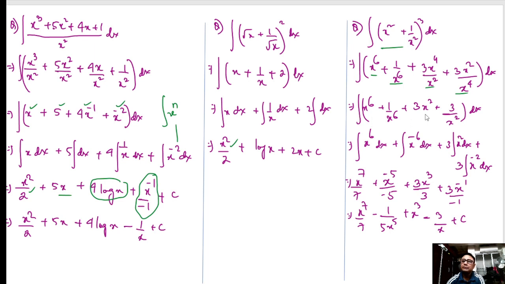So we did this, so this becomes this. X to the power 6 will be x to the power 7 by 7. X to the power minus 6 will be x to the power minus 5 by minus 5. 3x square will be 3x cube by 3. And x to the power minus 2 will be x to the power minus 1 by minus 1. So this is that answer.